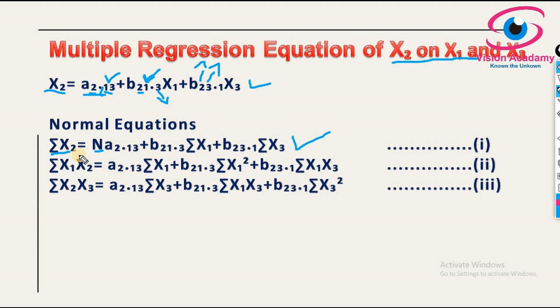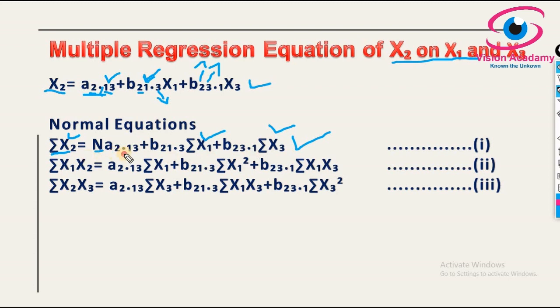As I told you, in the first equation we consider all the combinations of three variables. Firstly we have taken as basic the dependent variable 2. Now we are left with the first independent variable and the third independent variable. Those available options I have considered here.